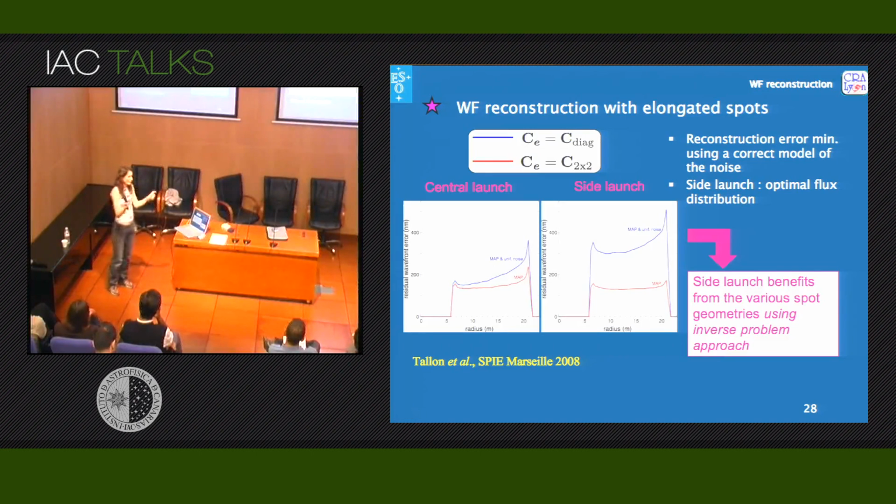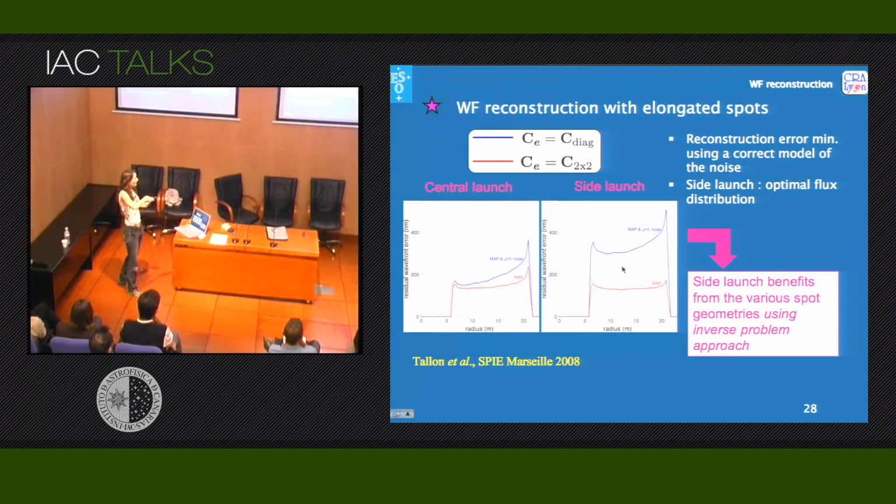But if you just introduce this correlation inside the estimator, you obtain even better reconstruction than for central launch, because you have a more uniform distribution of the information over the pupil. So those were 2 examples of how good a reconstruction you can obtain if you model correctly the direct process with the noise statistics and the statistics of the parameters in your problem.